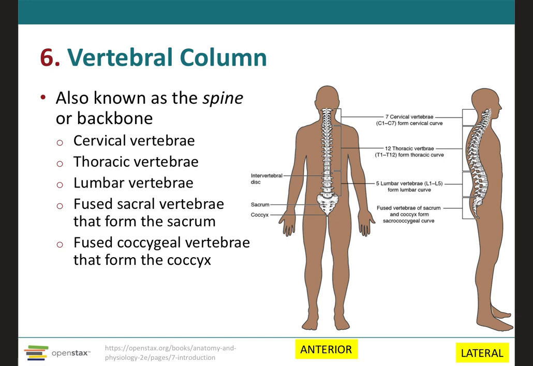The way that I remember how many vertebrae are present in each of the subdivisions is the hours that an elderly person might usually have their meals. So for example, there are 7 cervical vertebrae.